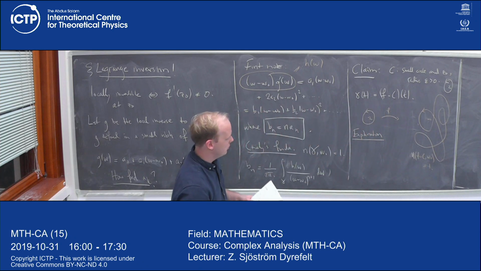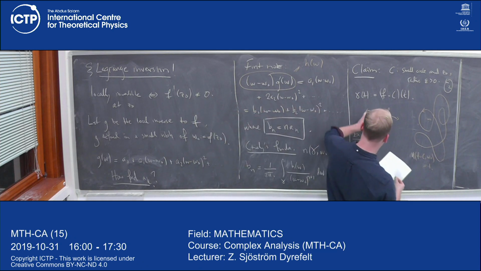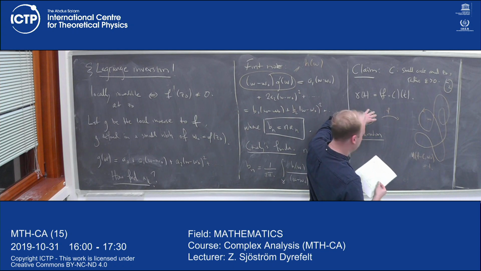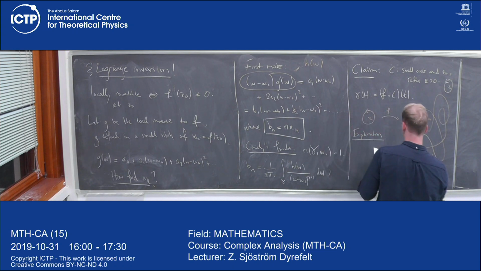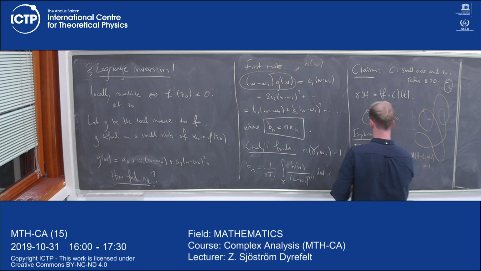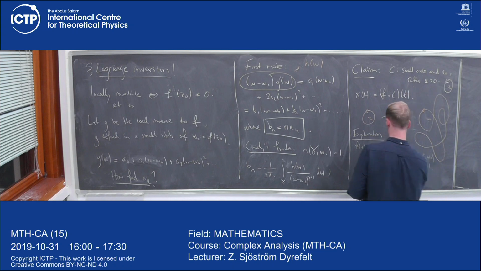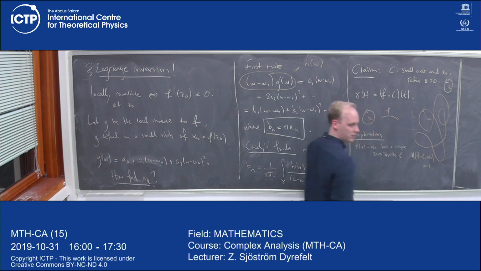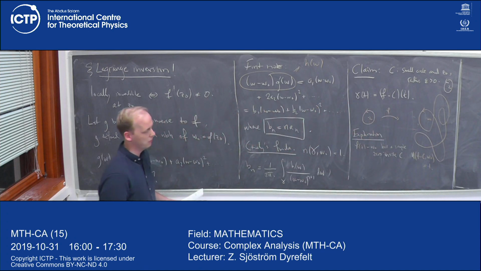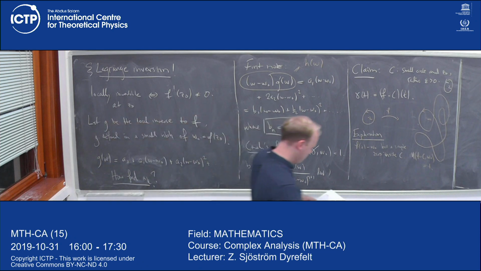What you do is that you take this circle so small that f(z) minus w0 has a simple zero inside this circle C. And you can do that because zeros are isolated.